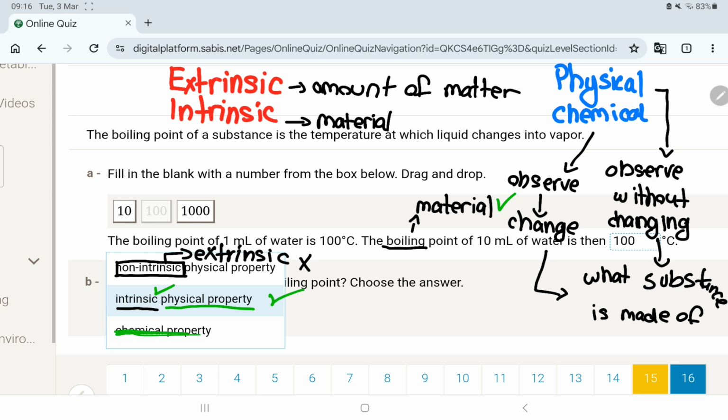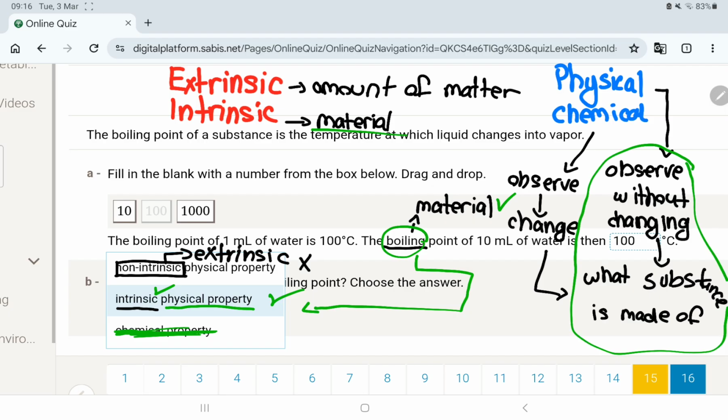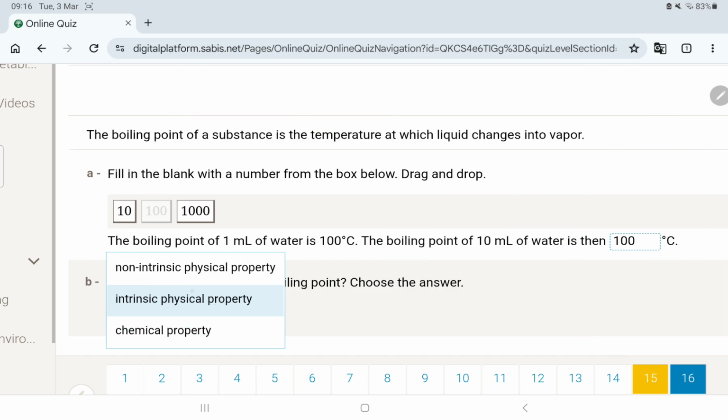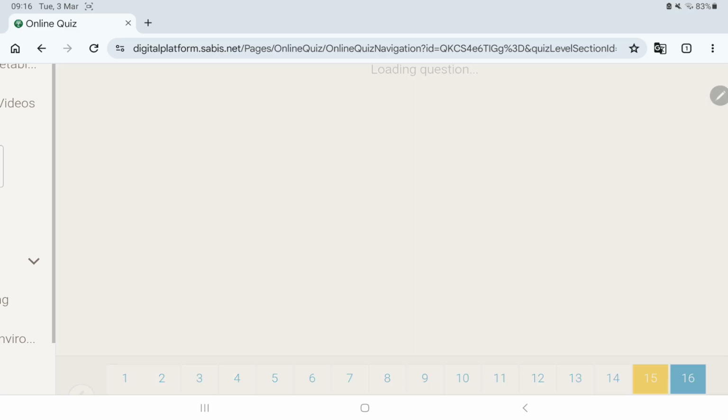So it's not chemical. So guys, boiling is an intrinsic physical property. Why intrinsic? Because it depends on the material. And why physical? Because you observe it without changing what the substance is made of. Okay? So here, intrinsic physical property.